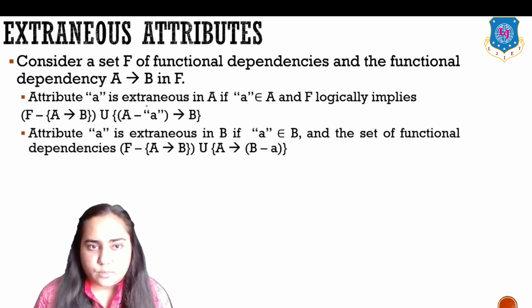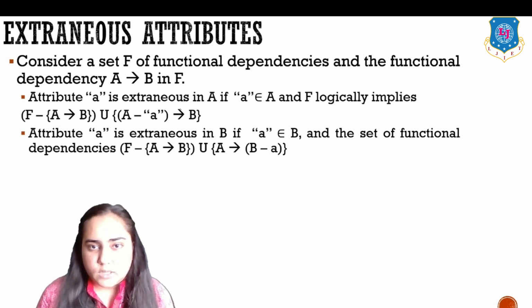Let's say that I can subtract this attribute from the given set A. So I'm subtracting this small a attribute from set A, and after doing that, I'm just writing the dependency as it is. I'm just removing one attribute from the left side and writing the dependency as it is.